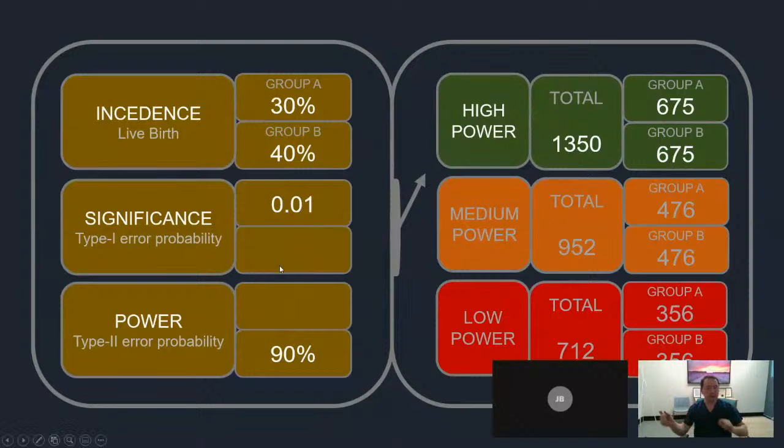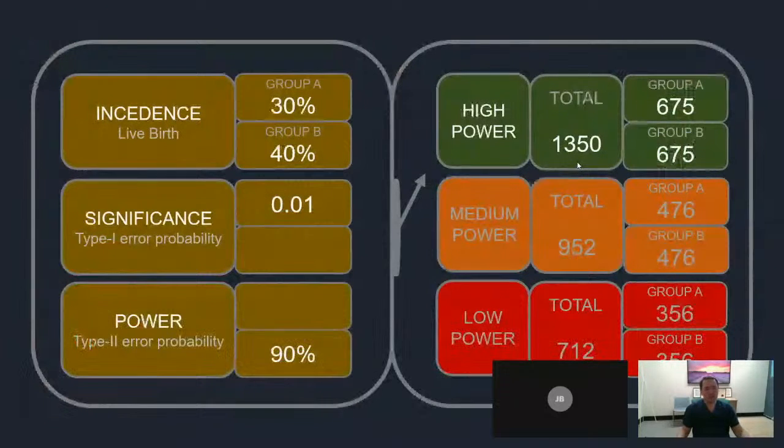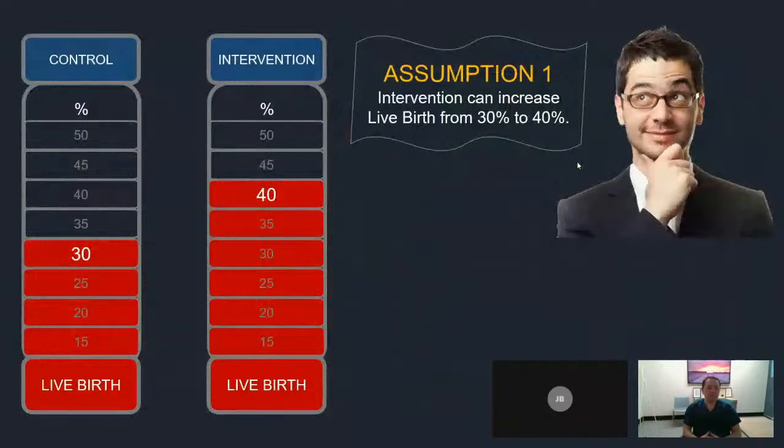But depending on how we set the significance level and power, the number of participants we need in the RCT jumped from 700 to 1,300, almost doubled in numbers. Okay, so it seems to be manageable. Getting 1,350 patients may be manageable for certain research questions.